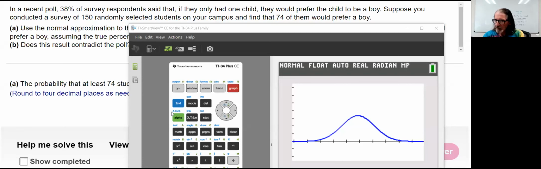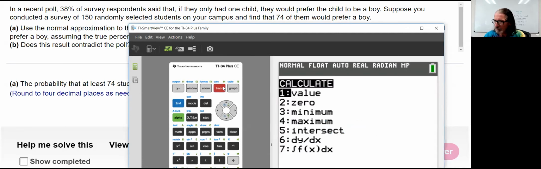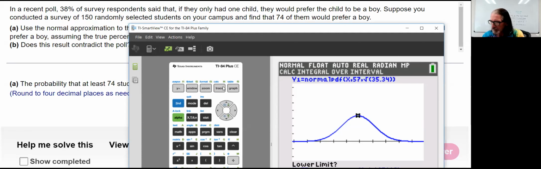So again, with the continuity correction, 73.5 to 74.5. Get us a pretty picture here. Kind of a small sliver.